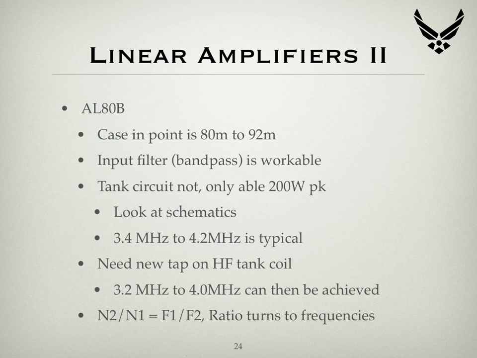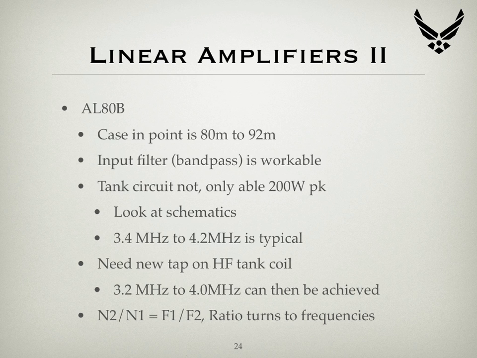What was needed was to put a new tap on the HF tank coil, and basically by taking a ratio of turns to frequencies, in terms of the inverse relationship between the frequencies, it was quite easy to put a new tap a few turns down that would enable the band position to basically work from 3.2 megs all the way up to 4 megs.